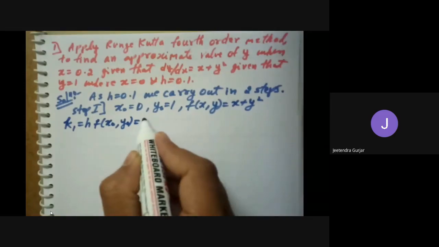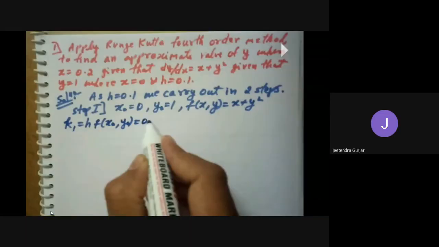Here please substitute the values now. By considering what is given here, h is equal to 0.1. F of x naught y naught, by using the function x plus y square, what will become here? The function is going to be x naught plus y naught square. Right? So just substitute 0.1.